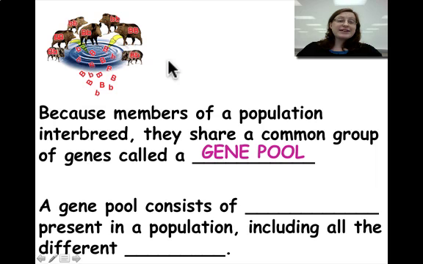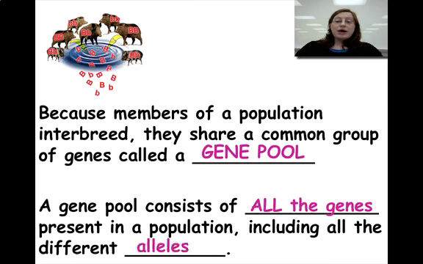And I really like this diagram because it helps to pull the vocabulary term and match it with what it means, okay? The gene pool consists of all the genes present in a population, including the different alleles. So this will be both the big B's and the little b's, all alleles from any genotypes.